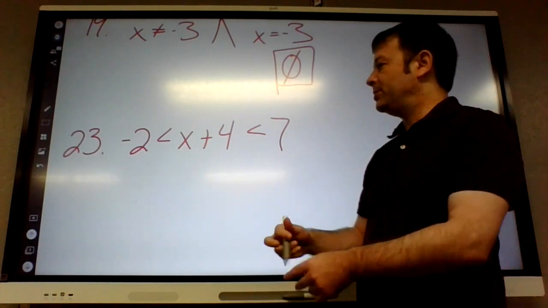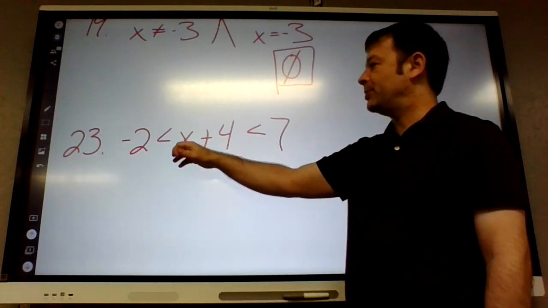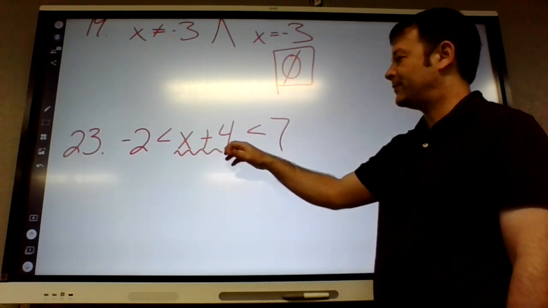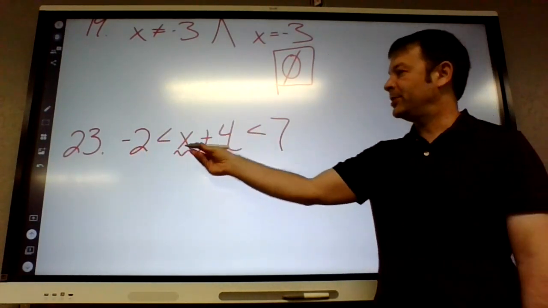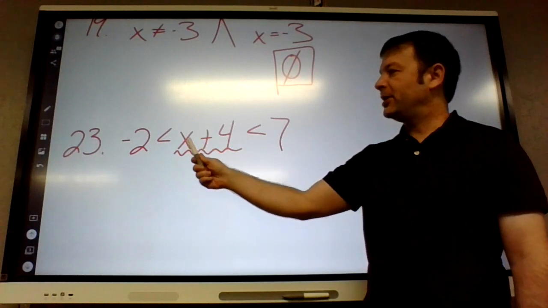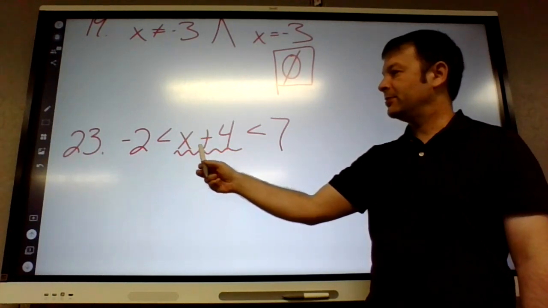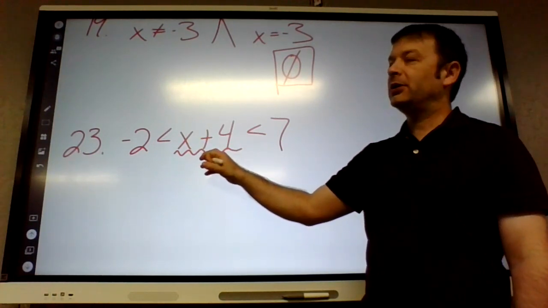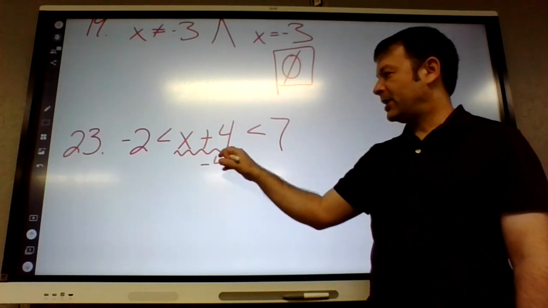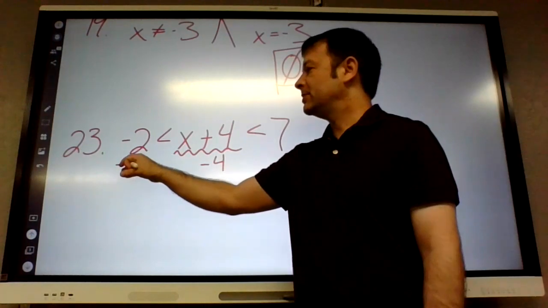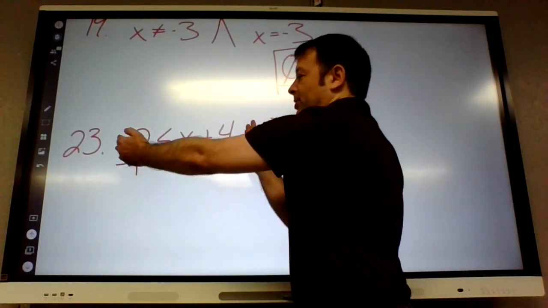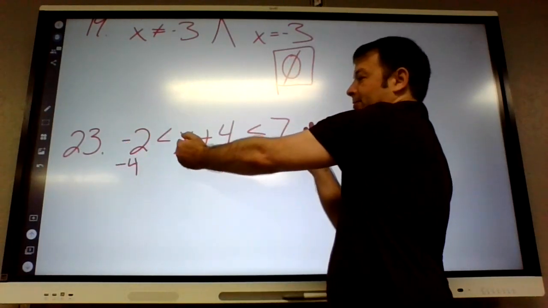So what we want to do to solve for x is get x by itself in the middle. You guys see how there's a left, a right, and a middle? So how am I going to get x by itself in the middle here? Add 4 to both sides. Well, not add, subtract. Subtract 4. The weird thing though is it's really like two things in one, like we're doing this one and this one at the same time.